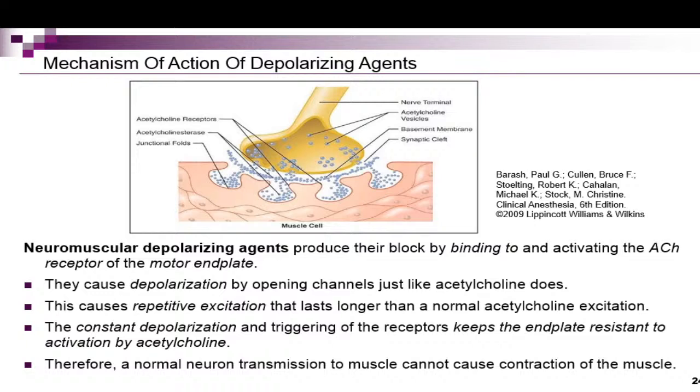They cause depolarization by opening channels, just like acetylcholine does. This causes repetitive excitation that lasts longer than the normal acetylcholine excitation. And the constant depolarization keeps the end plate resistant to activation by natural acetylcholine. Therefore, normal neuron transmission to muscle cannot cause contraction of the muscle.